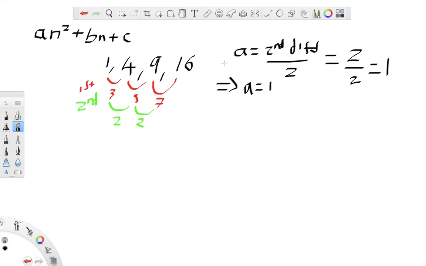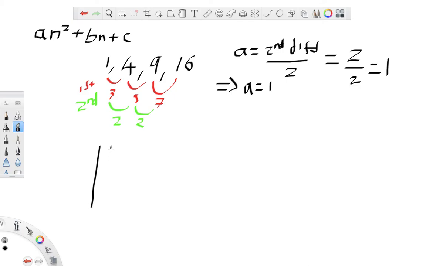So that means for our sequence now, we've worked out what A is, so that's fine. But we need to work out what the values of B and C are. So that's what we need to do now. Okay, so what we will do here is we'll set up a little table.